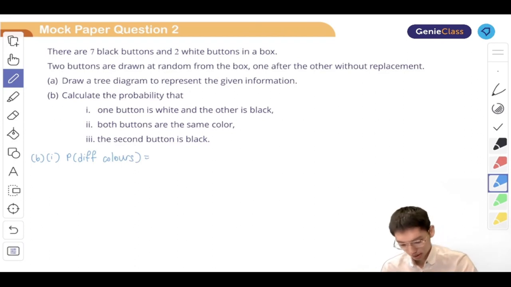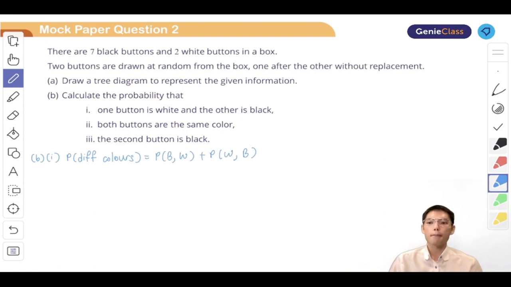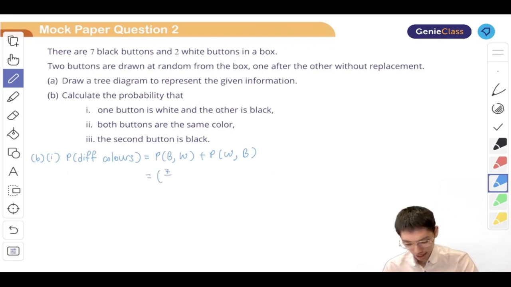The first button I pick as black, second button I pick as white, or the first button I pick as white, second button I pick as black. So I multiply along the branches together, which is 7 over 9 times 1 over 4 plus 2 over 9 times 7 over 8. This is going to be equal to 7 over 18.